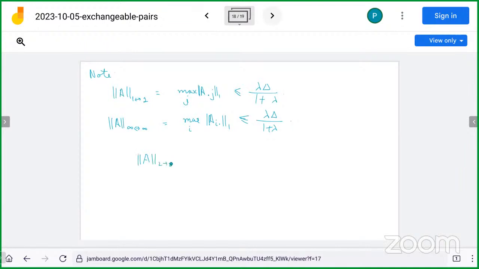It requires some Cauchy-Schwarz, but this is also a special case of something nicer, called interpolation.